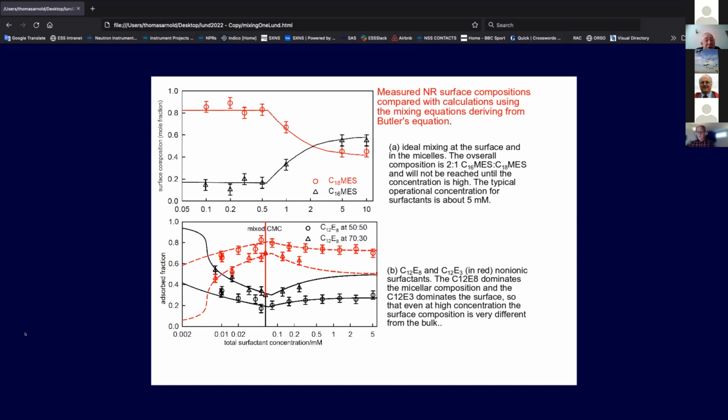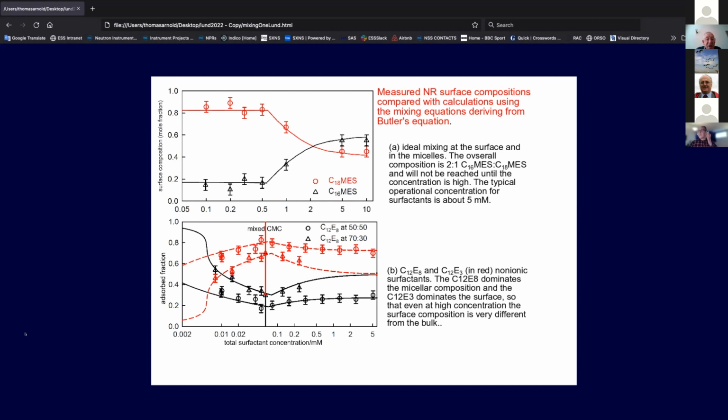And so you now get a new fractionation, and the composition at the surface drops because of the micelle composition and the mixing at the surface. Eventually, at very high concentrations, since the majority of the material is in micelles, this must come to the nominal 2:1 concentration. And obviously, that's about where we're heading.